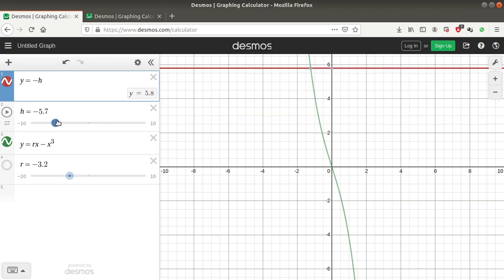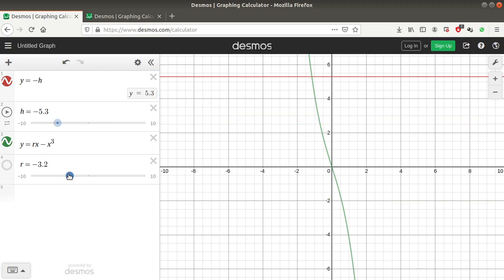Fine. So maybe I will increase my r value, and for a different r value let me change my h value. If I make the r value positive, I get this sort of behavior.